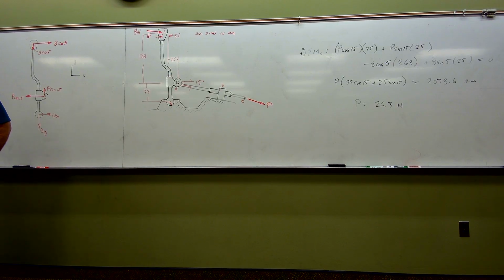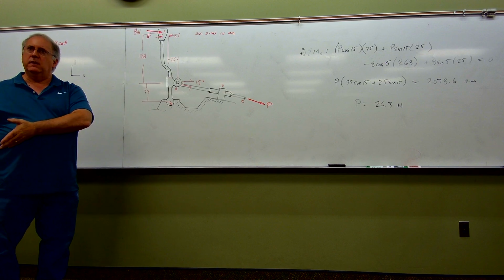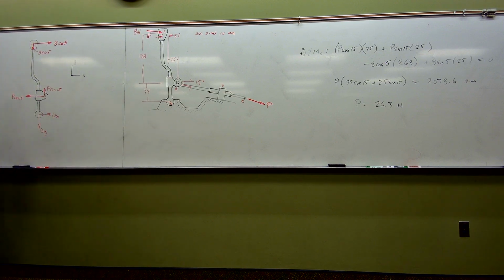What's the takeaway on this, folks? One last final time. The takeaway is we went from a problem that at first looked really busy, had a lot of narrative. We waded through all the BS in the narrative, and what did we come up with? One free body diagram. And when we had the one free body diagram, we applied one equation of equilibrium, and we solved that problem.